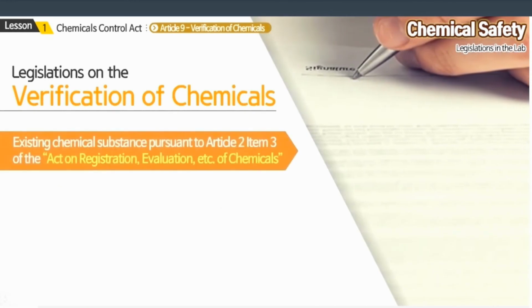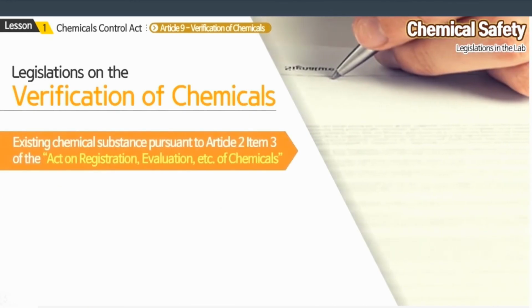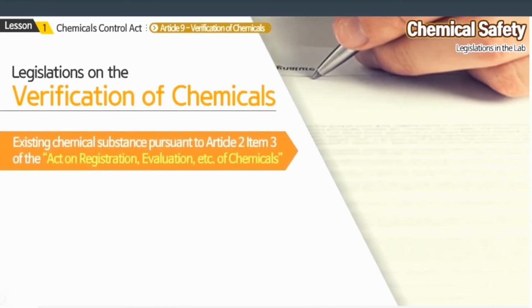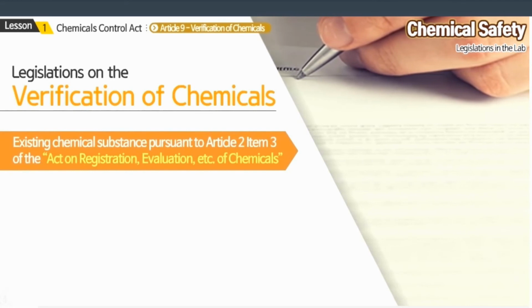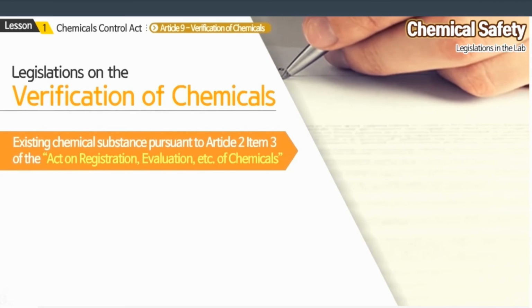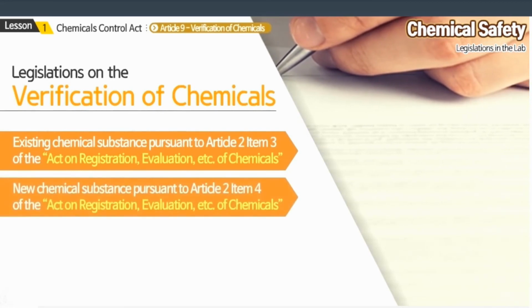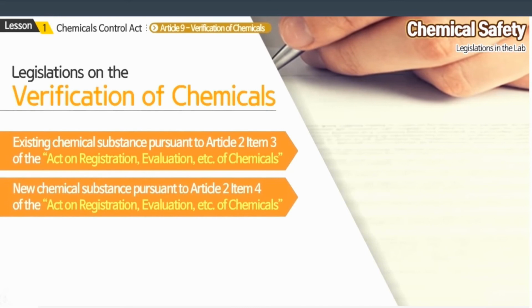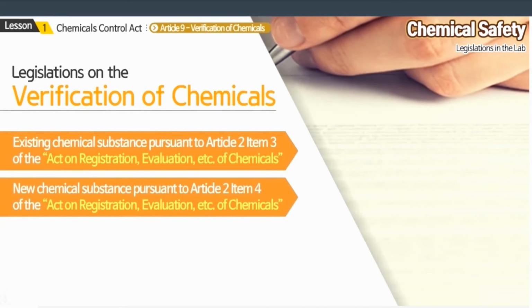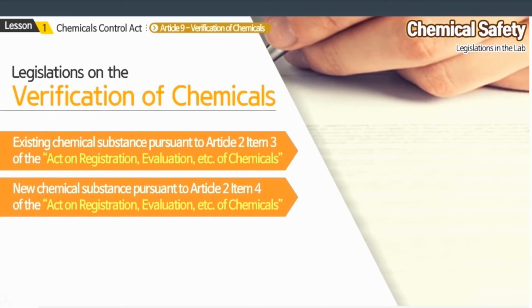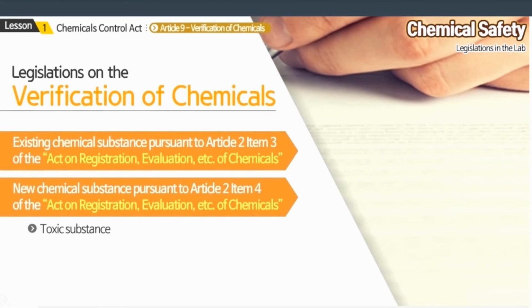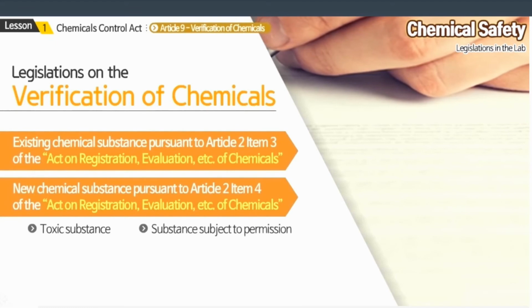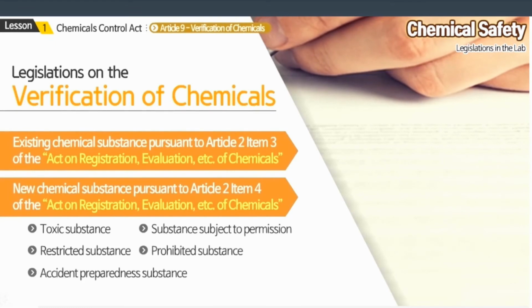Here, we have existing chemical substances pursuant to Article 2, Item 3 of the Act on Registration, Evaluation, etc. of Chemicals; new chemical substances pursuant to Article 2, Item 4 of the Act on Registration, Evaluation, etc. of Chemicals; and toxic substances, substances subject to permission, restricted substances, prohibited substances, and accident preparedness substances.